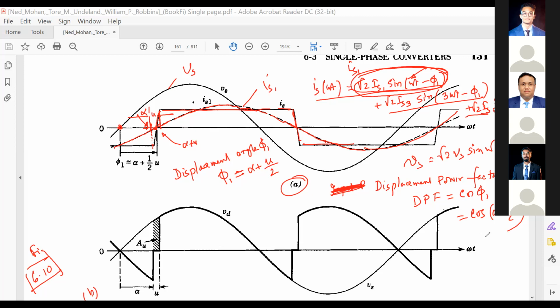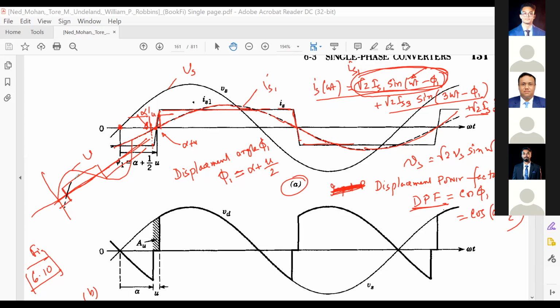When LS was 0, then of course U will be 0, then your displacement power factor will be cosine of alpha, right? We got it already. So if there is no LS, and if this is your VS, we have already seen that this will be the wave shape of your IS, and we have already discussed these things before your break.